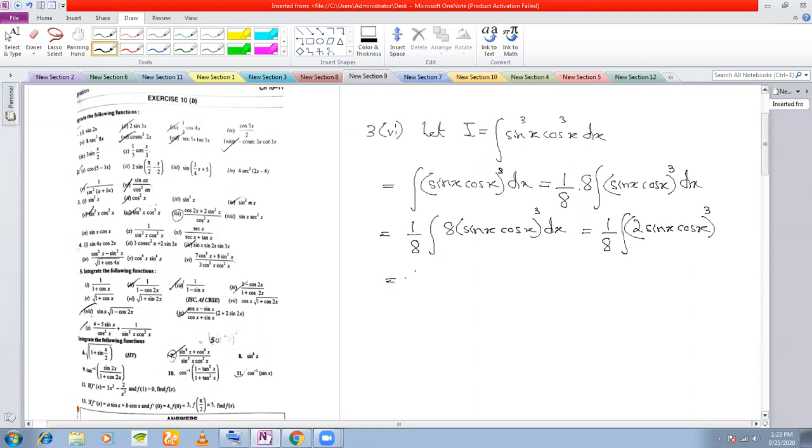Now this becomes what? 1 by 8 of sin cube 2x, isn't it? dx. Now how will you integrate sin cube? Remember, I showed you sin cube.